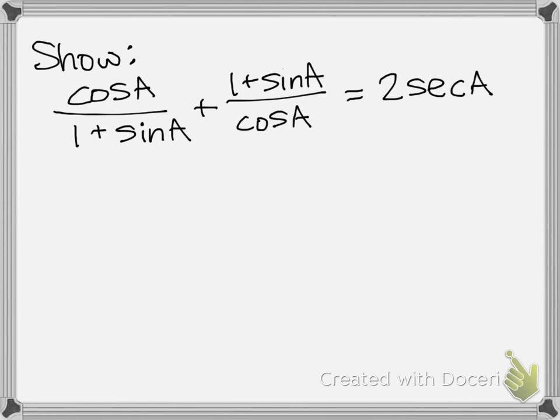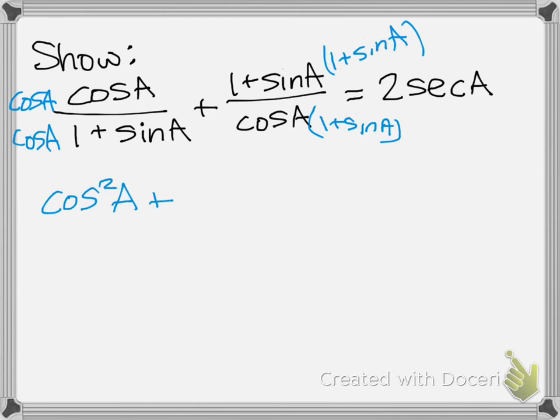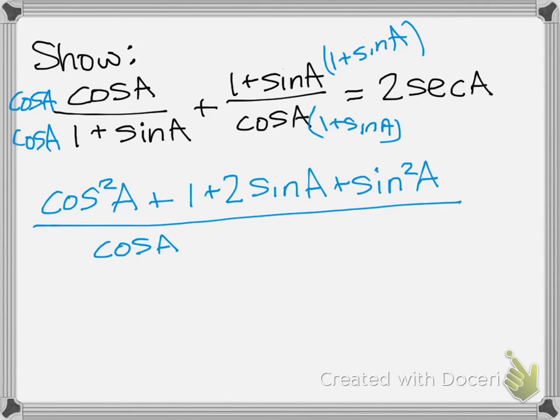I can't really do anything until I have a common denominator, so I'm going to multiply the left by cosine A over cosine A and the right by 1 plus sine A over 1 plus sine A. So that gives me cosine squared A, and then on the right, because it is two binomials multiplied by each other, I'm going to end up with 3 terms: 1 plus 2 sine A plus sine squared A. And then on the bottom, I just have the common denominator of cosine A times 1 plus sine A.